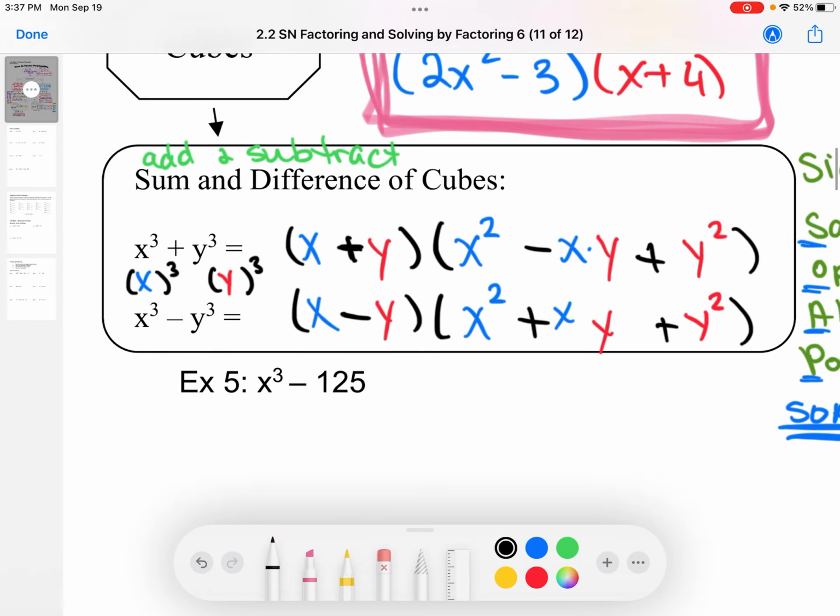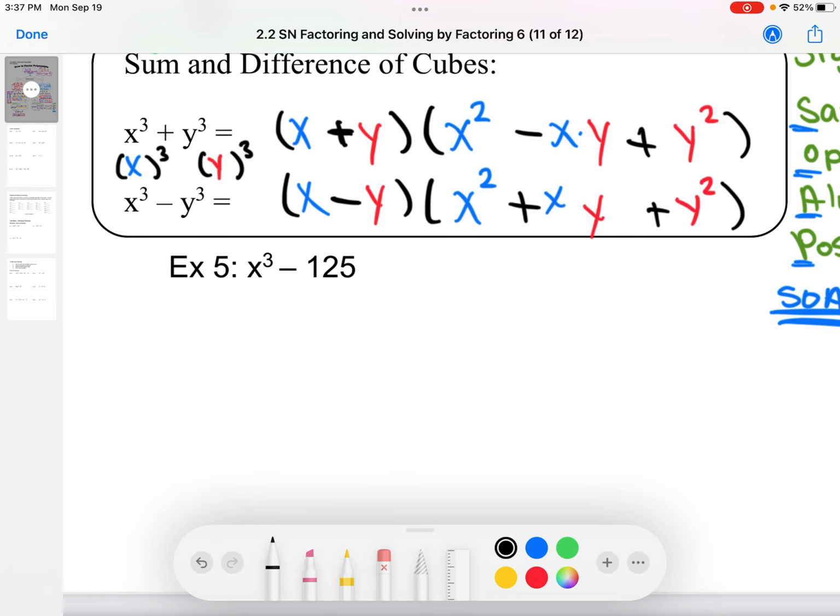So looking at example 5, there's not a greatest common factor. It's 2 terms, and both of those terms are perfect cubes. We have something cubed minus something cubed. That first term, x cubed, we just cube x.